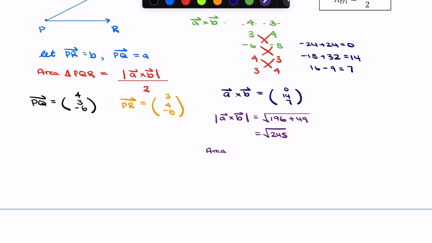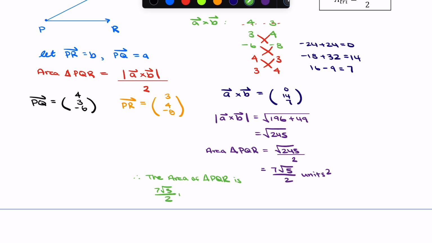So the area of the triangle PQR is equal to the square root of 245 divided by 2, which simplifies to 7 square root 5 over 2 units squared. Therefore, the area of triangle PQR is 7 square root 5 over 2 units squared.